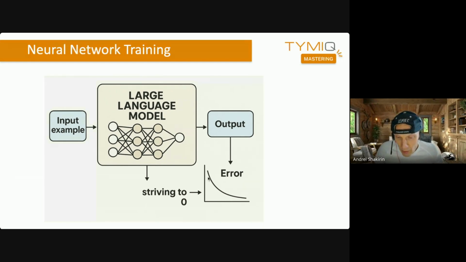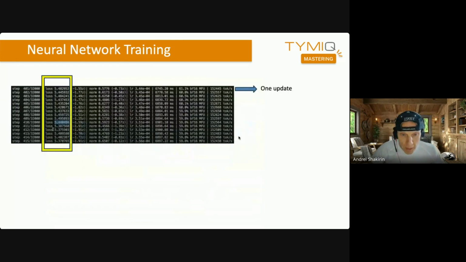And this error, the loss, is the key parameter in model training, and we're striving to reduce it to zero, so that all our training sets are correct. If it's not correct, we tune the weights a little bit in a way that the output probability is correct, so it is higher and will be selected. This is the process of training the model.